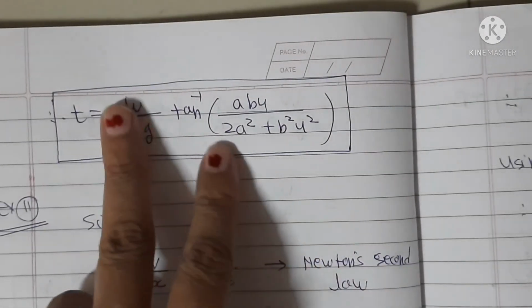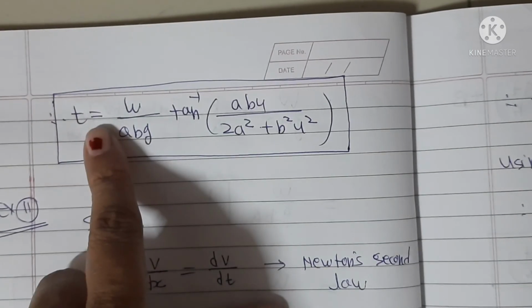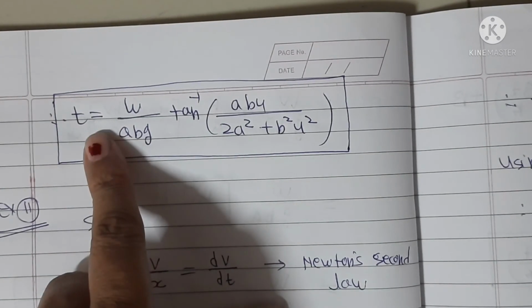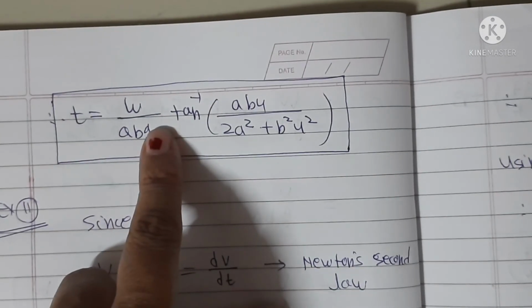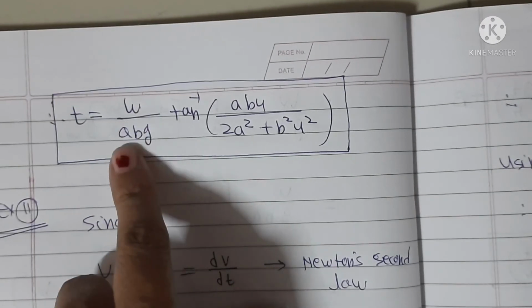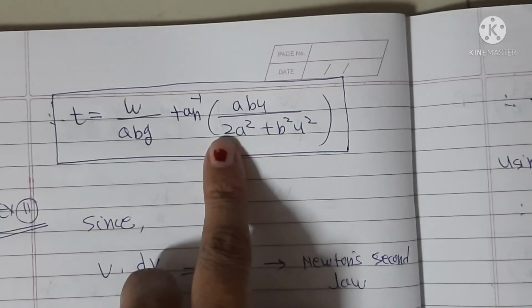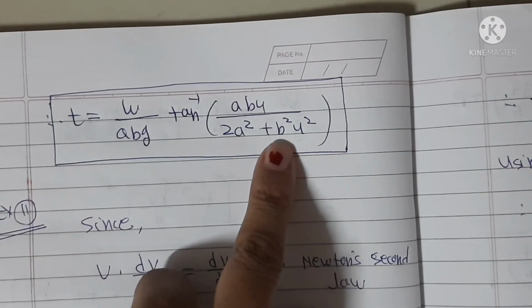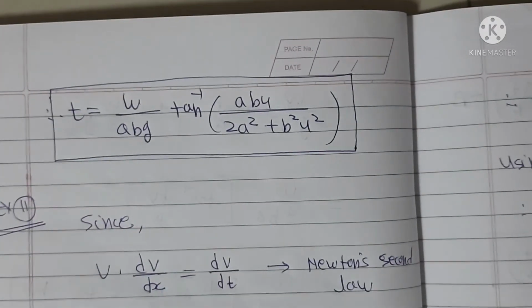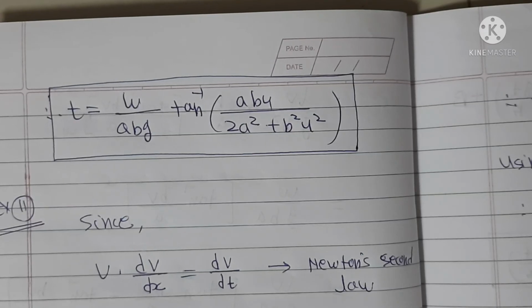This is the required time, hence we have proved that in this time t we get W upon abg tan inverse of abu upon 2a square plus b square u square. Hence we have proved the given condition.